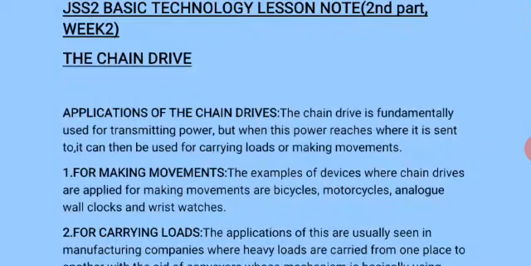In any of these machines or devices, power is going to be transmitted from the driver wheel that is connected to the power of the machine, like motor or battery. And as a result of the movement of the driver sprocket, it will now be moving the driven sprocket, and that one is going to cause the movement in the load. So that is how that one works.